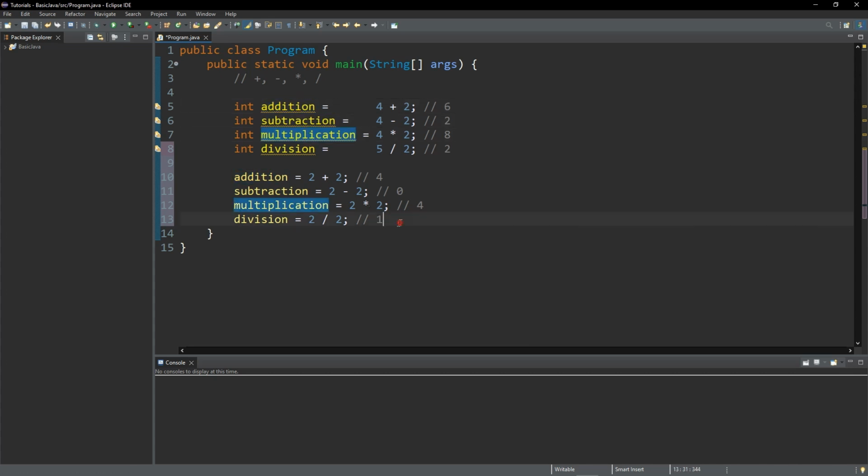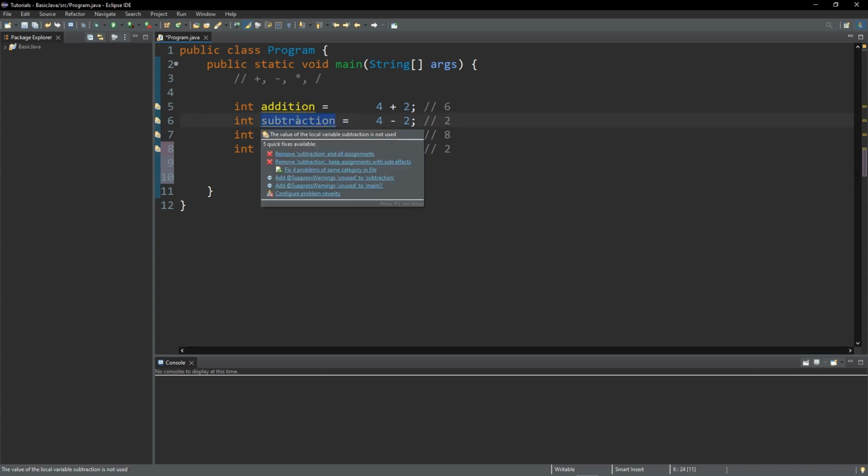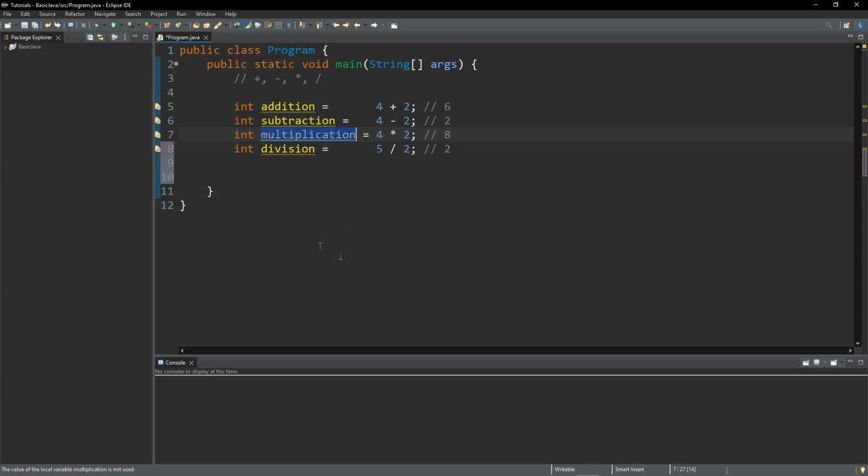Okay? Now, let's go ahead and go over really quick how to use these variables to make things a little more interesting. So let's say we want to add subtraction and multiplication together and store it in addition. So let's take addition, set it equal to subtraction plus multiplication.